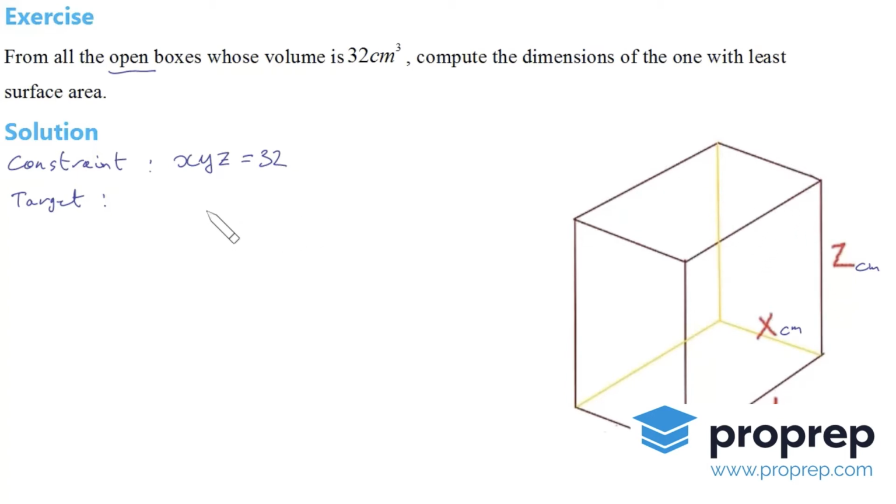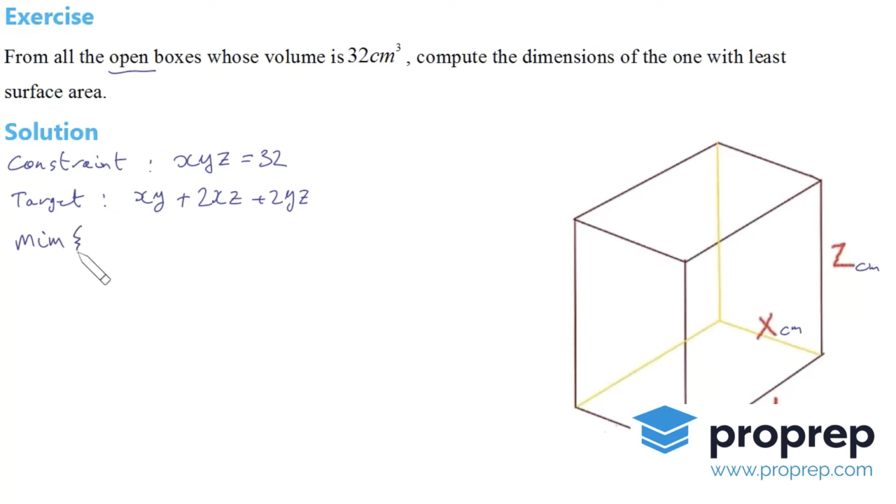So the surface area will be, there's a base, and that's length times width, xy. There's two rectangles, x by z, so it's 2xz, and then we have also 2yz. That's the surface area.